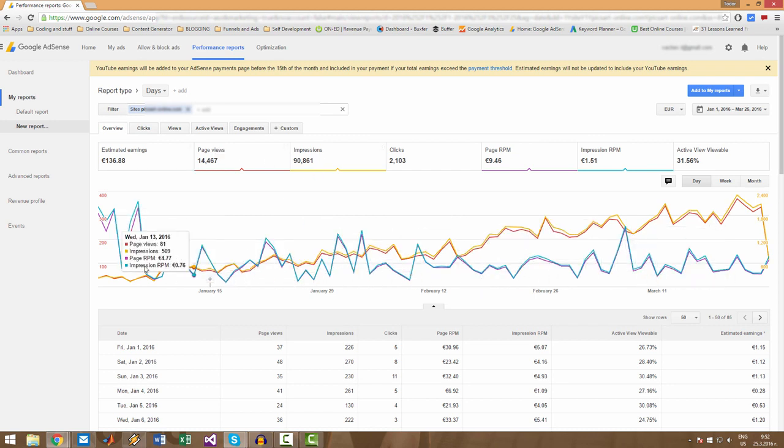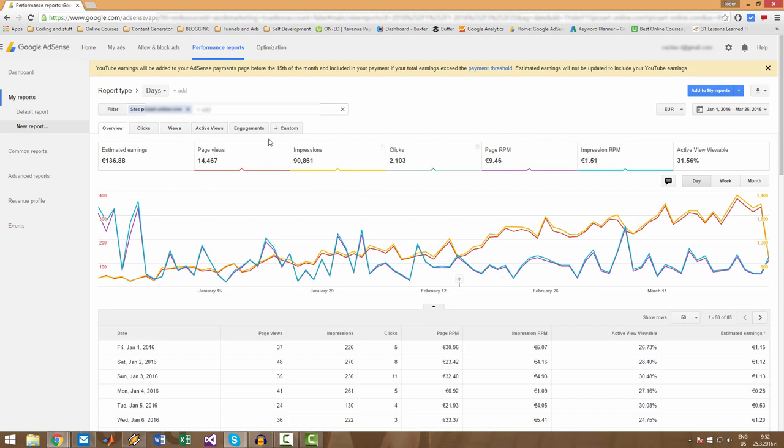Like I said, page RPM is how much you are going to earn for 1000 page views. The same goes for impressions RPM. How much are you going to earn per 1000 impressions? As you can see, the impressions are much more than the page views. So this is the reason why there is a lower cost for 1000 impressions.